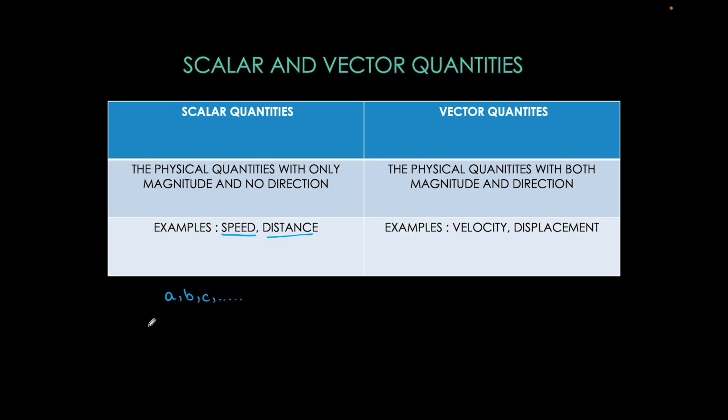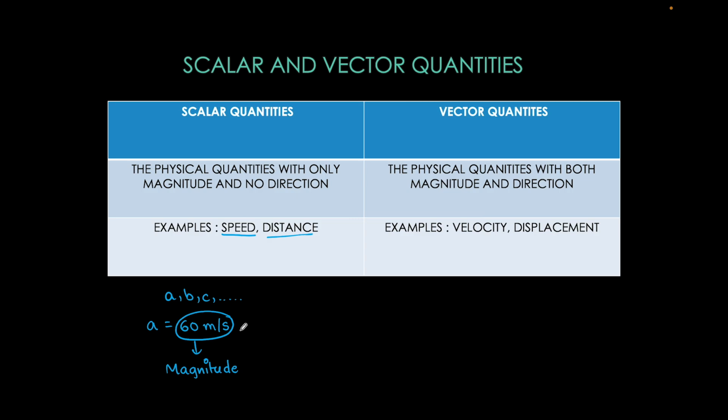So I'll give you an example. Let's say A is a scalar quantity, or let's consider A as speed. So we'll write this as 60 meter per second, right? So this entire thing is known as magnitude. Remember that it does not have any directional component, okay, which will be there in vector quantity.